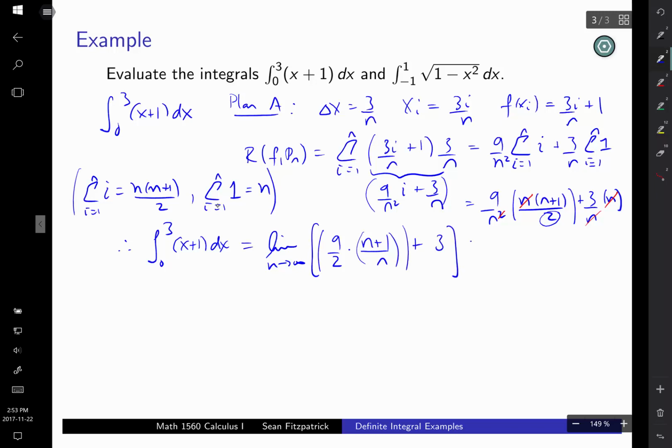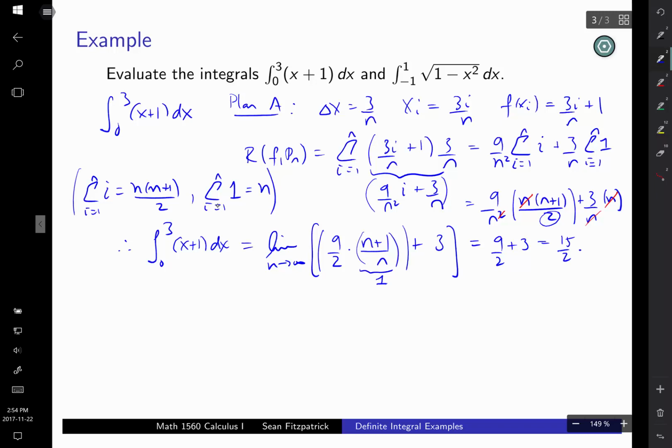Okay, and so what are we going to get? Well, the n plus 1 over n, again, that's 1 plus 1 over n. This is going to go to 1 in the limit. So I get 9 over 2 times 1 plus 3. So 9 over 2 plus 3, which is 15 over 2.